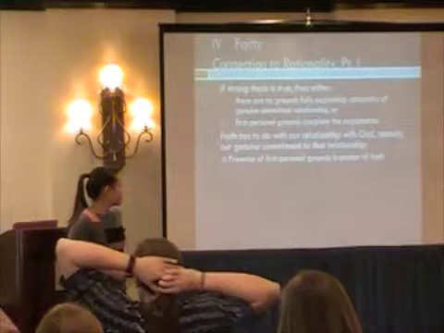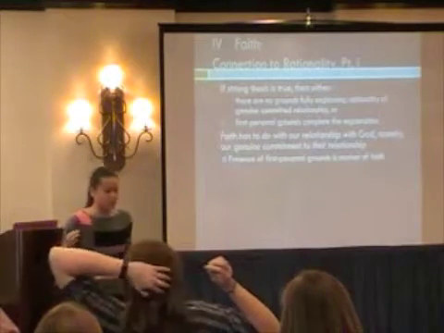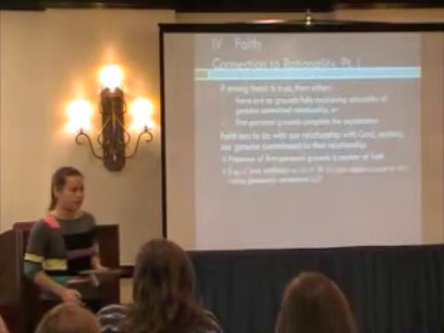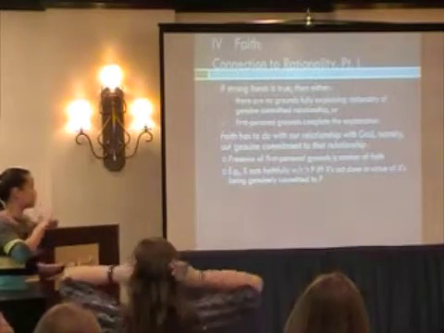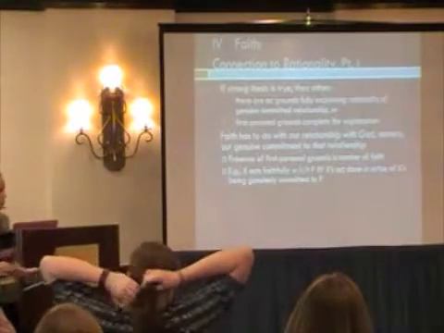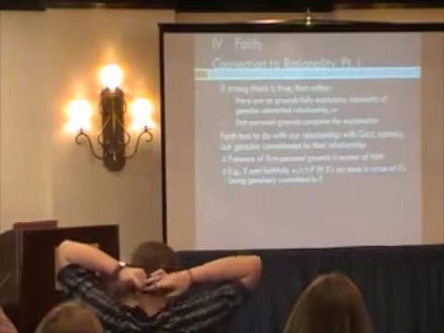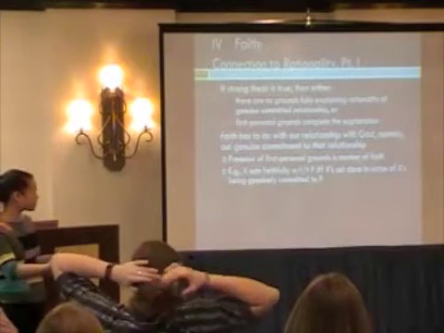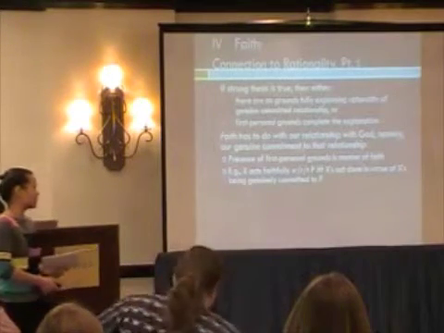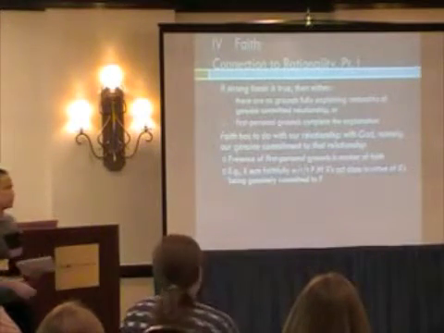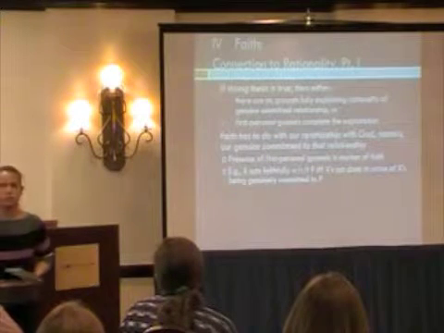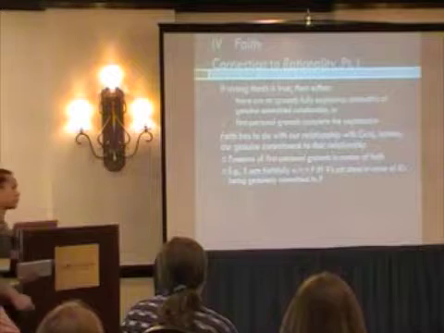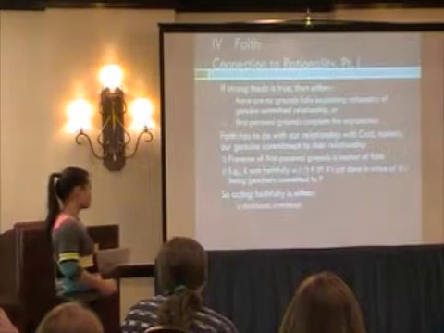And so what I want to propose is that the presence of first personal grounds is going to be a marker of faith. And so I think something like this is probably true, though we can play around with it in Q&A. I think that X acts faithfully with respect to P, where P is a person, if and only if X's act is done in virtue of X's being genuinely committed to P. And then, of course, being genuinely committed to P requires the first personal grounds.